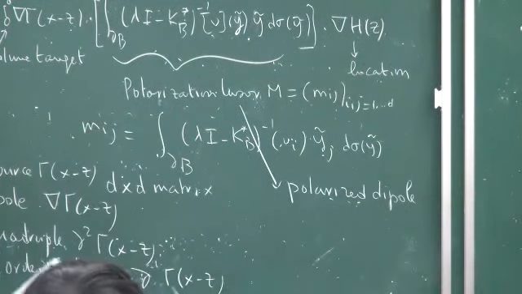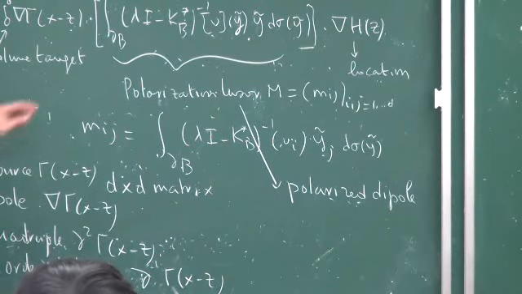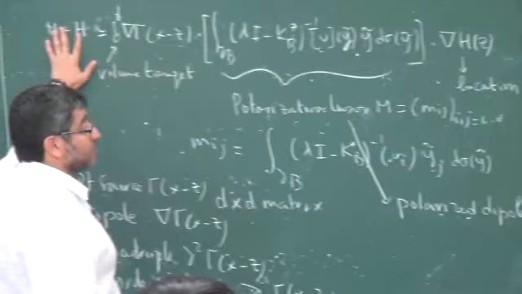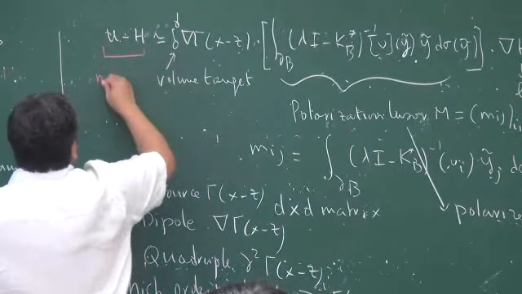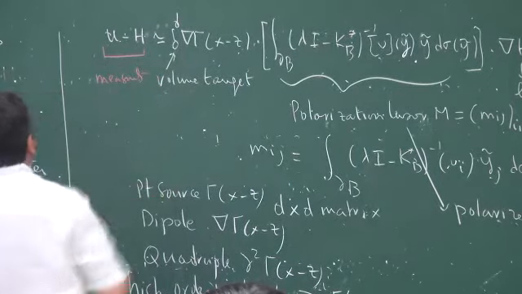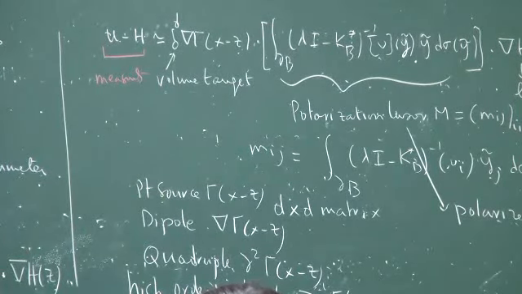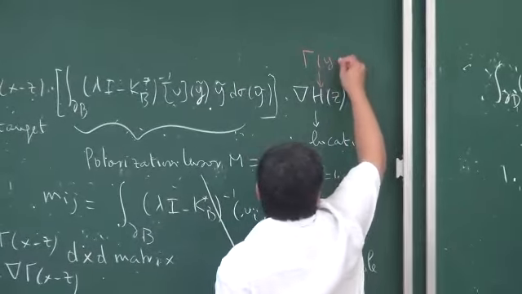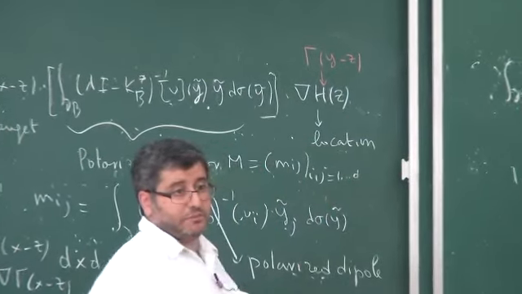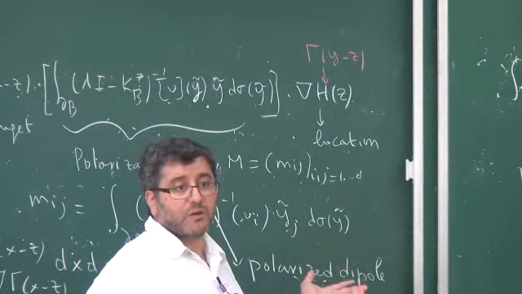So from this formula, you may think that it's possible to reconstruct the location from the measurements. Multistatic measurements would be what? If we are interested in the multistatic response matrix, you replace H by the gradient of the Green function of y minus z, because this is the solution without the inclusion.